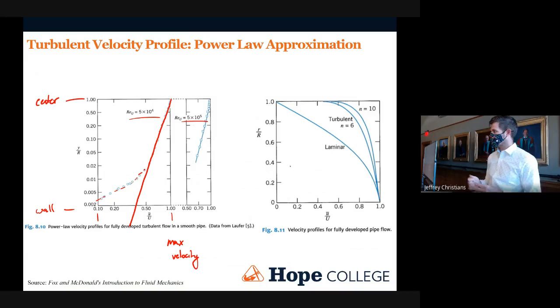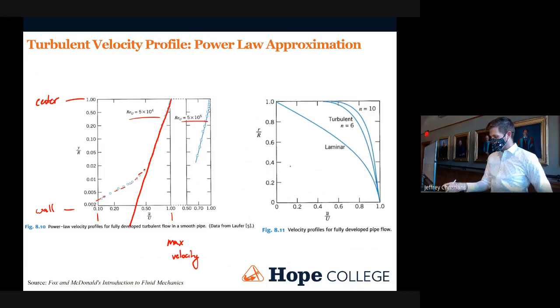We have to calibrate what question we are trying to ask, and then what is the appropriate model to ask that question. We don't have a one size fits all thing like we do in laminar flow. We're going to have empirical models and correlations and tables and a lot more of that type of stuff that are specifically designed for one situation rather than a one size fits all thing like laminar.